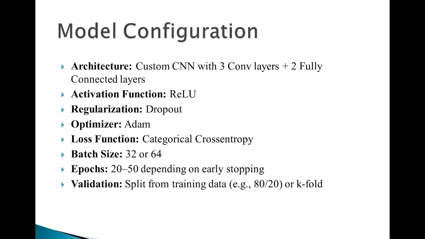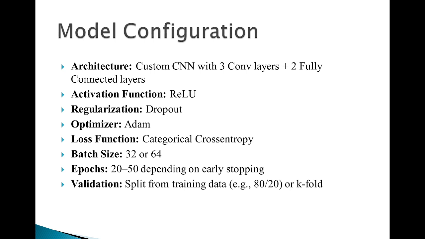In the model configuration, they use three CNN layers and two fully connected layers. For the activation function, they use ReLU for nonlinearity, and they use dropout. The optimizer they used is the Adam optimizer, with categorical cross-entropy as the loss function.